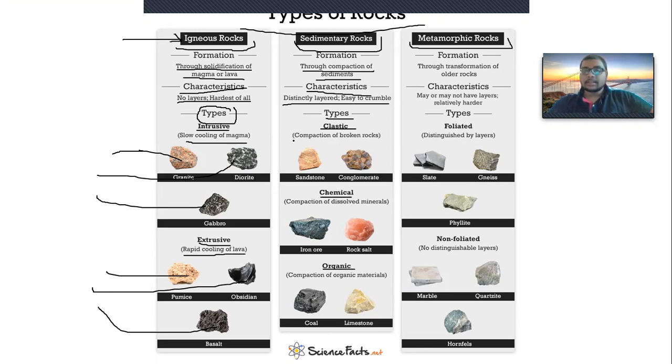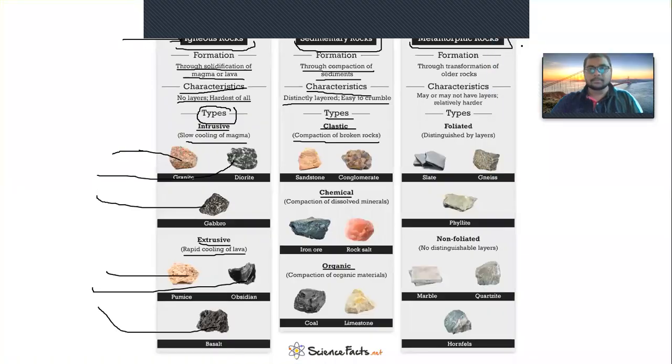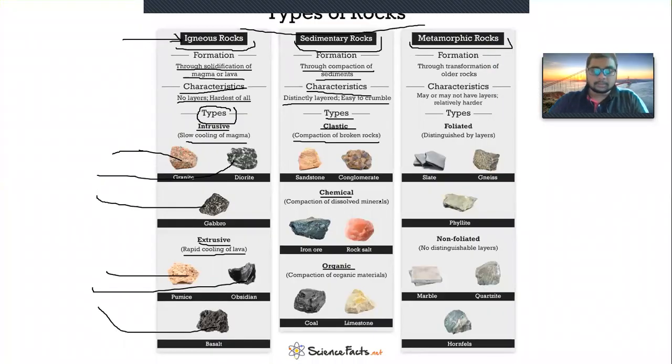The clastic is the compaction of broken rocks. Compaction means getting together of the broken rocks. When broken rocks come together, that is called clastic rocks. Second is the chemical sedimentary rock, which means the sedimentation of dissolved minerals.